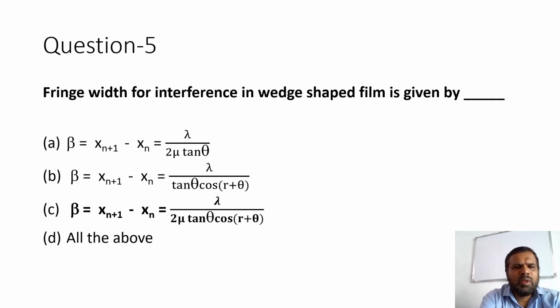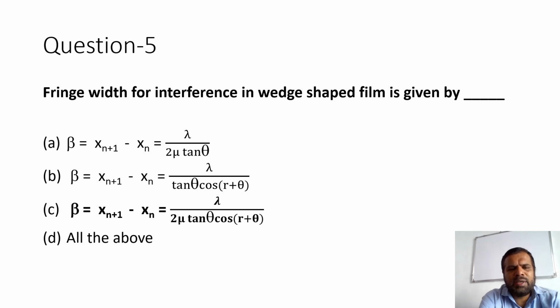Question number 5. Fringe width for interference in wedge-shaped film is given by. Option A, beta is equal to x(n plus 1) minus xn is equal to lambda divided by 2 mu tan theta. Option B, beta is equal to x(n plus 1) minus xn is equal to lambda divided by tan theta cos of (r plus theta).